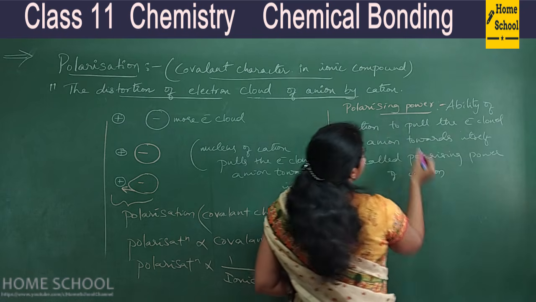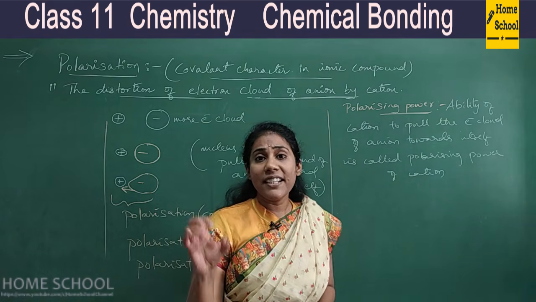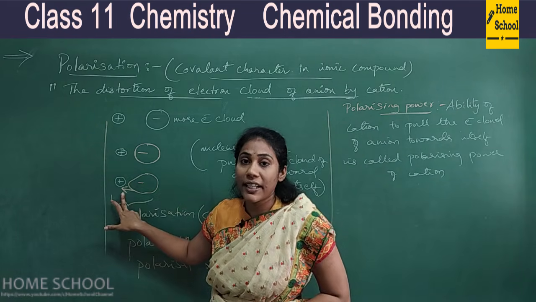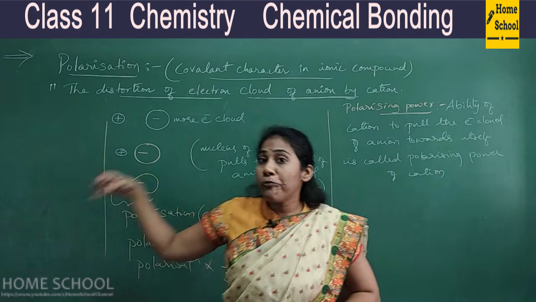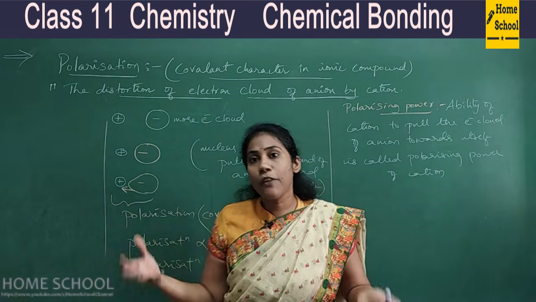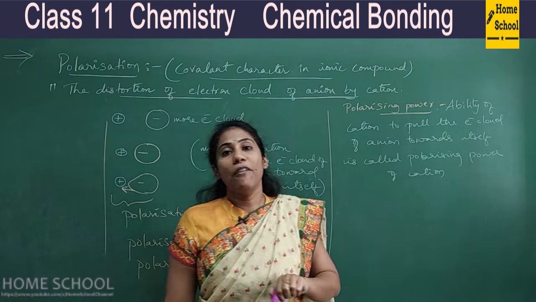So this is the meaning of the word polarizing power. Polarizing power is the capacity of the cation; with respect to the cation, we will talk. How much the cation is capable of pulling that electron cloud towards itself, that capacity is spoken of in terms of polarizing power.